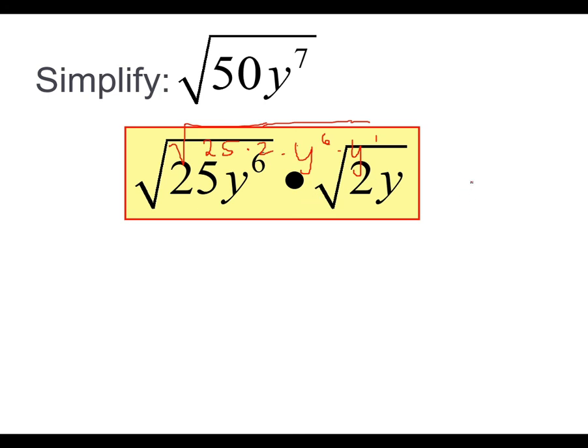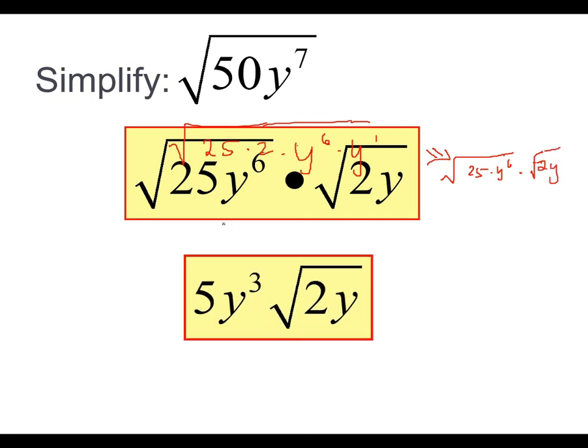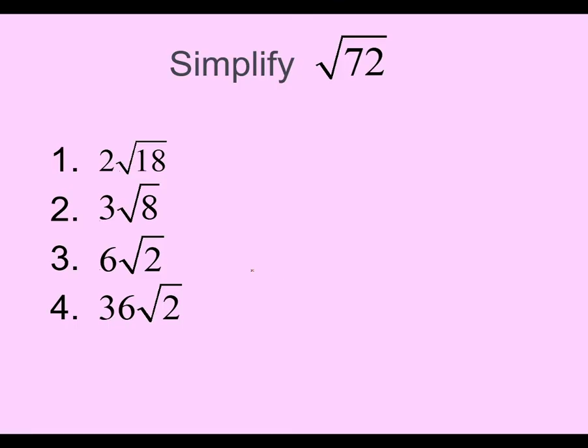Ang ginawa natin. So, ang pinagsama niya ay yung 25. Ito sa ginawa natin. 25. Yung even, y raised to 6. Tapos, square root of 2. So, ang square root ng 25 is 5. Ang square root ng y raised to 6 is y raised to 3. Square root of 2y.